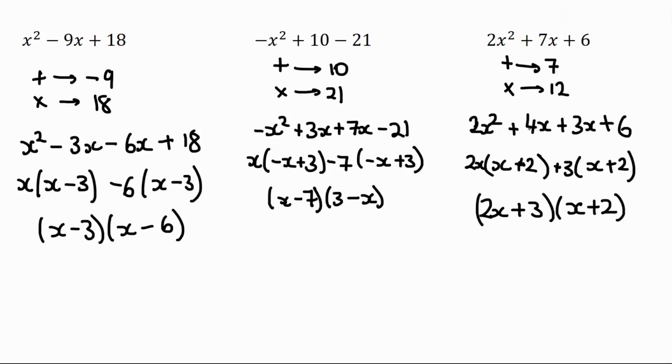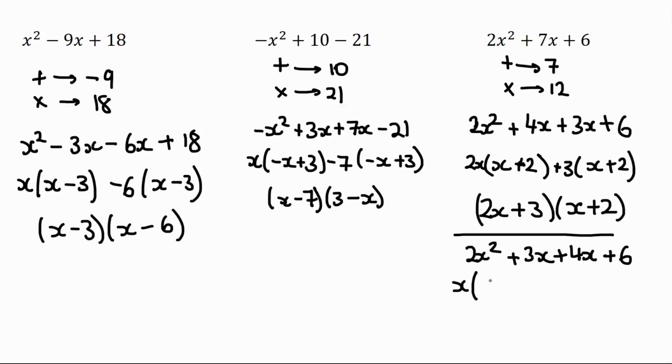And just to demonstrate what happens if I were to swap these around, well then we would have 2x squared plus 3x plus 4x plus 6. And then our highest common factor would actually just be x, because 2 and 3 are both prime and they're not multiples of each other.